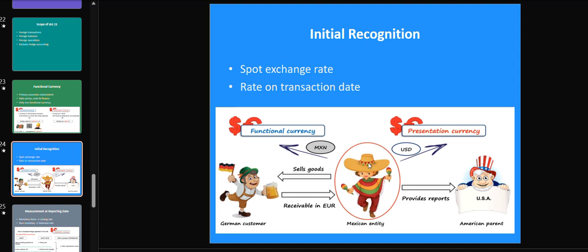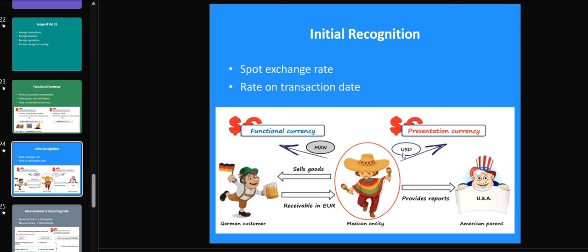Here we can see a Mexican entity which sells goods to a German customer, and they have created a receivable in euros. As the Mexican entity is the subsidiary of an American parent company, it has to present its financial statements in USD.